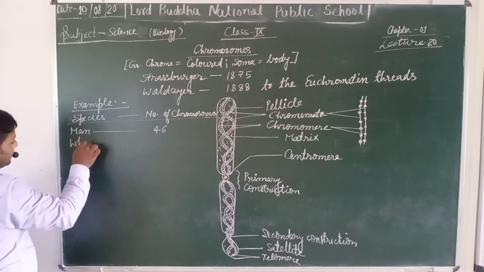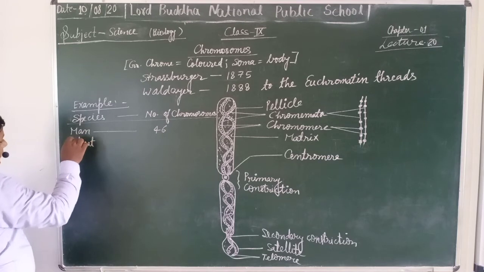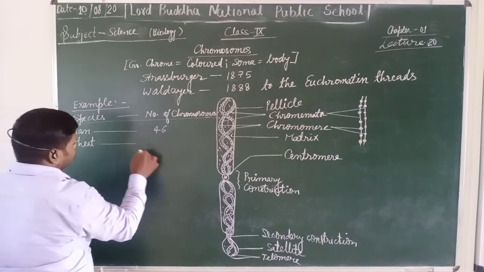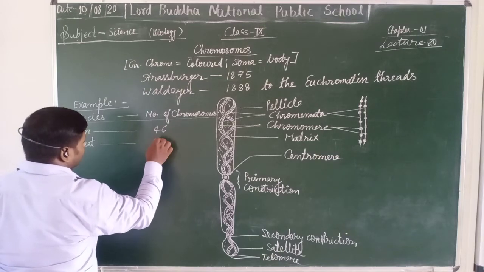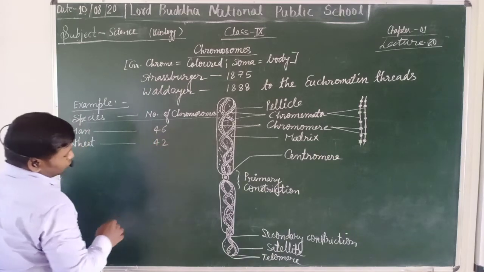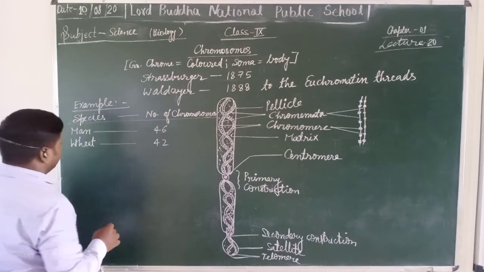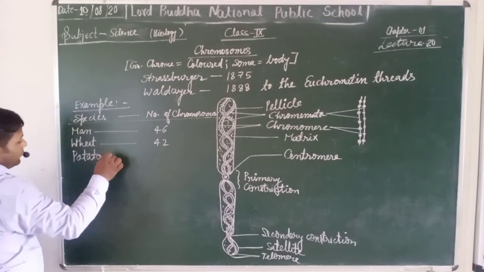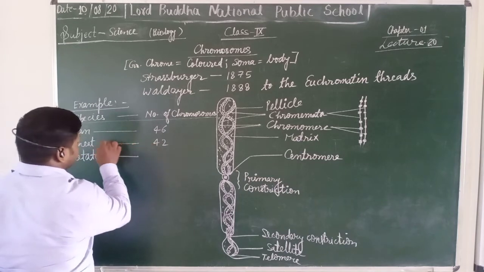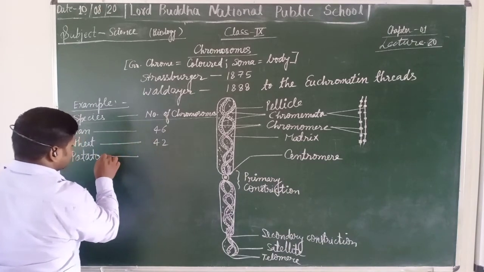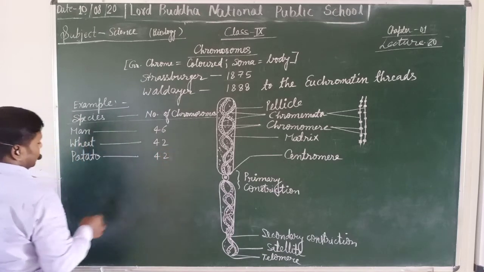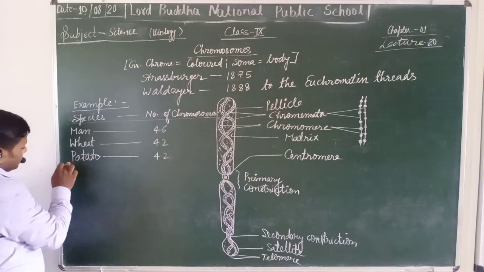Now here I take the most edible coarse grain, or you can say cereal, wheat. There are 42 chromosomes found in wheat, and an equal number of chromosomes are also found in another most edible vegetable, that is potato. 42 chromosomes.